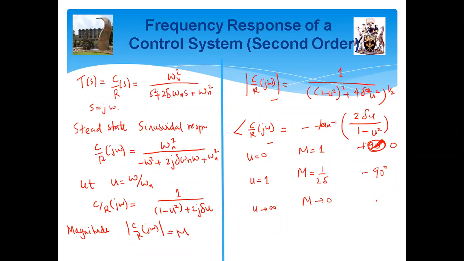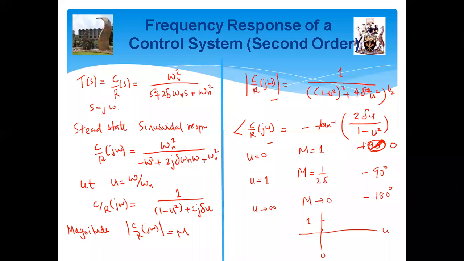And if this is a very big number, here you'll get phi, or the phase, as minus 180. So if we try to sketch, if this is u, at 0 we'll get 1.